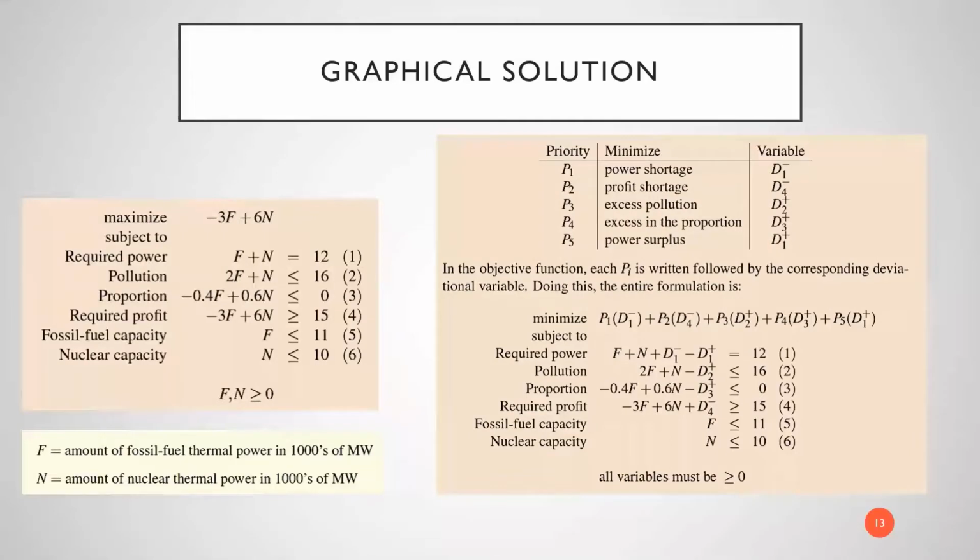In each of these subproblems, all the elements will remain the same except for the objective function and the related goal constraint. Moreover, in each of the subproblems, we will only consider one deviational constraint.